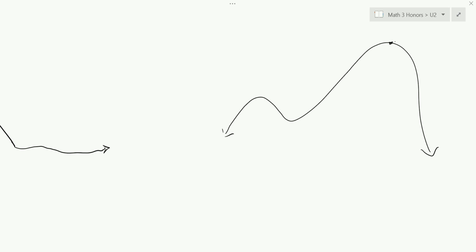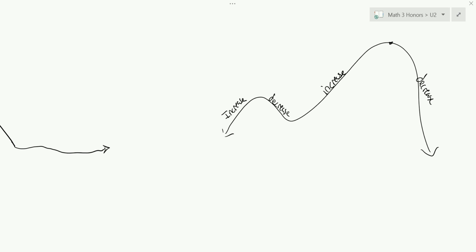Because it keeps dropping. Well, if we look at increasing to decreasing, so here we're increasing, right? And then we decrease. And then we increase. And then we decrease. And how did I just define a relative maximum? What does it say?